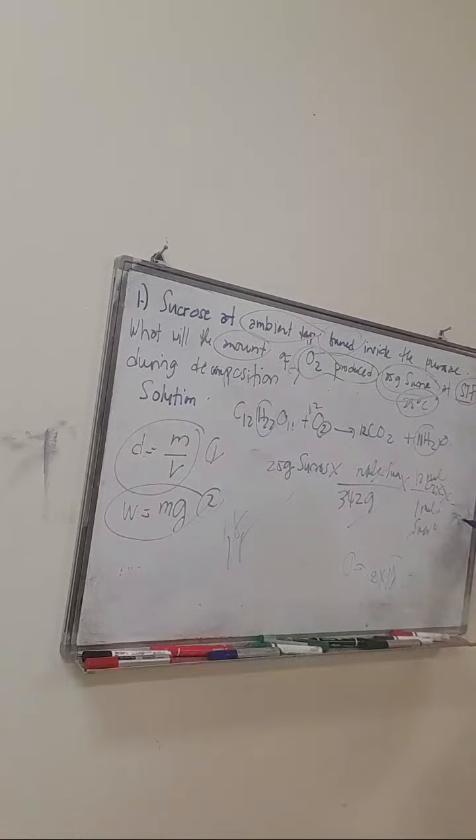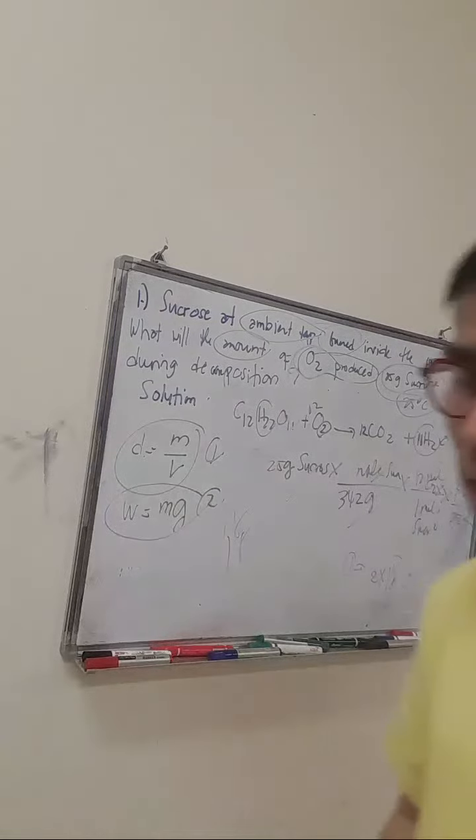So 32 grams per mole, the moles cancel, and what remains is grams of oxygen. Calculator please: 25 divided by 342, times 12, times 32, gives 28 grams of oxygen gas.